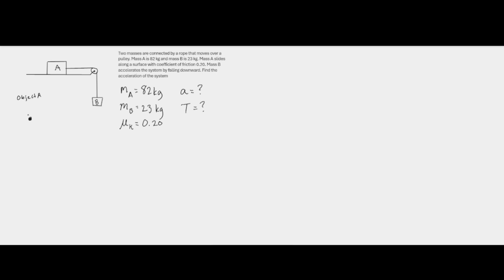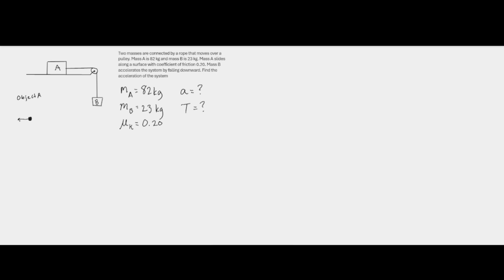So we know that we have friction, so I'll go ahead and write that first. We're going to have some friction force, and it's going to oppose the direction of motion. Object A, as soon as this is released, is going to move to the right because it has some tension force from this rope that's pulling on it. The resisting of that tension force is going to pull to the left, and that's going to be the friction force.